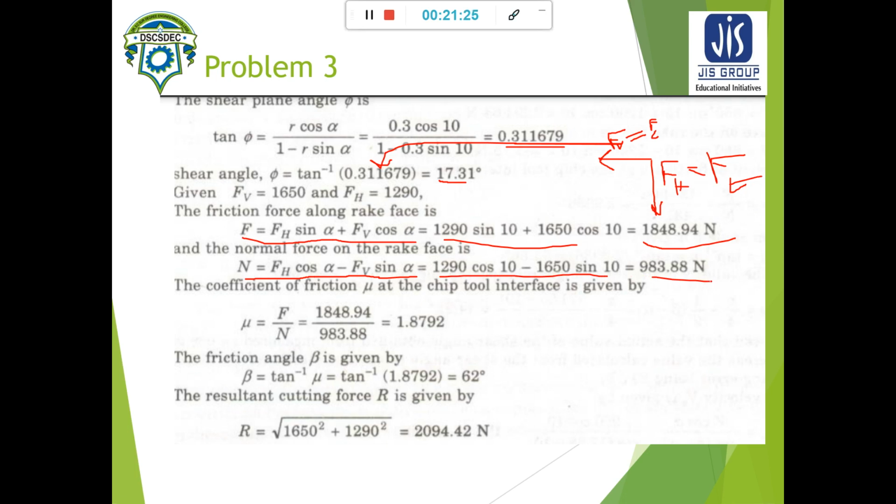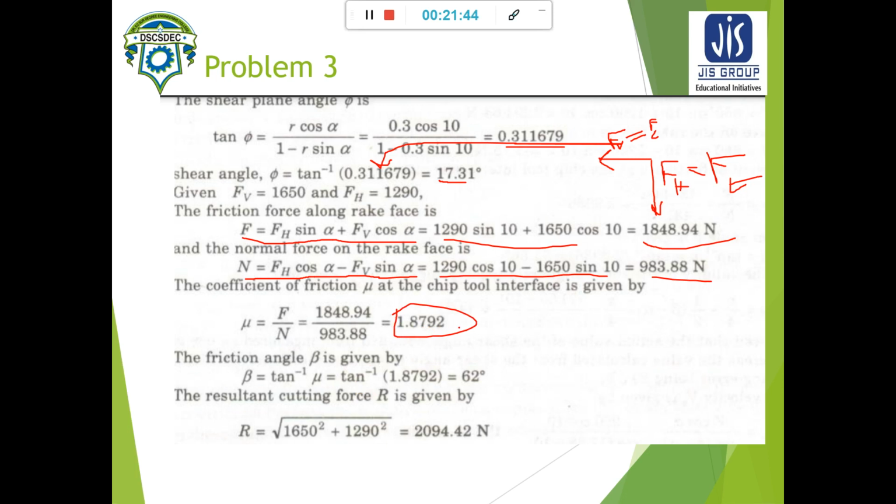The coefficient of friction will be F by N. If we divide these two values, the coefficient of friction comes to be 1.8792.